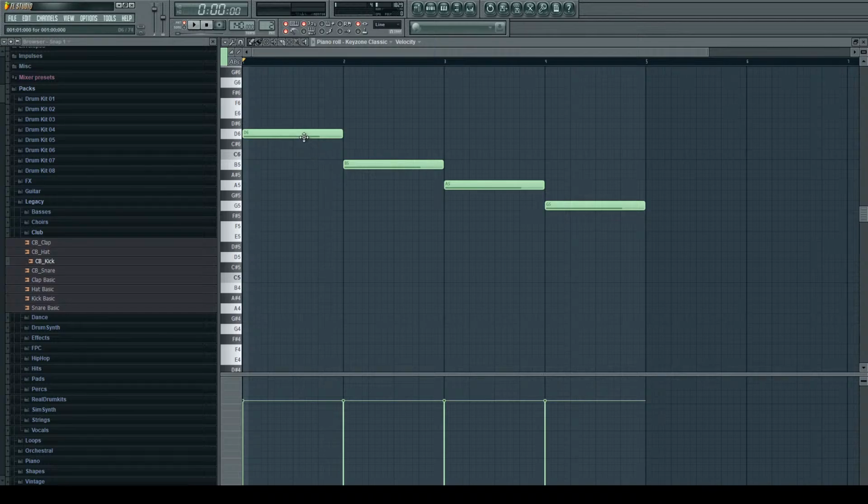A leading tone is usually the highest note of a chord, and from here you can form your chord.